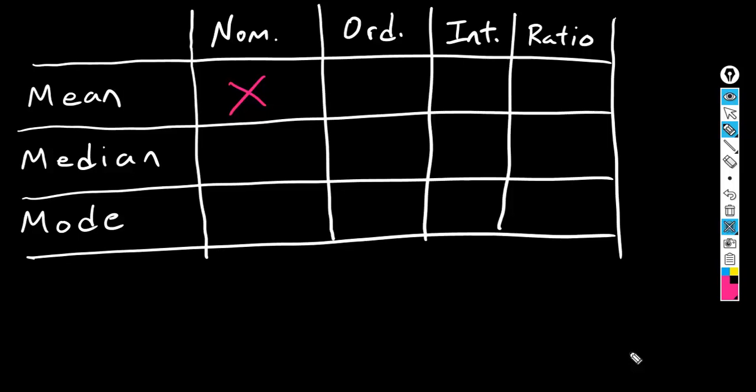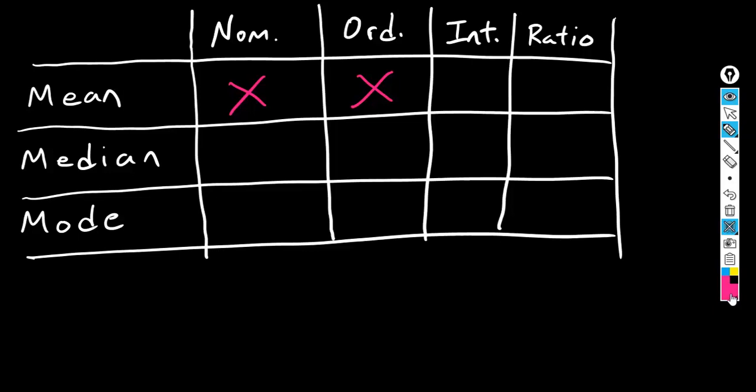Mostly because nominal data is often represented as words, and we can't do math with words. Nominal data is categorical. Then we move on to ordinal. Once again, ordinal data is categorical data. We cannot calculate a mean using categorical data.